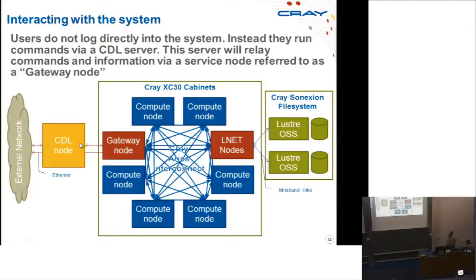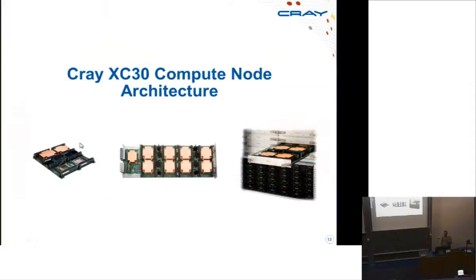They also provide all of the compilers, all of the interactive development environment that you will access. So when you log into Archer, you will be accessing one of the CDLs, and there may be multiple CDLs for a single supercomputer, depending on the scale. And these use the gateway node to communicate with the rest of the service. So again, you might hear reference to a gateway node.